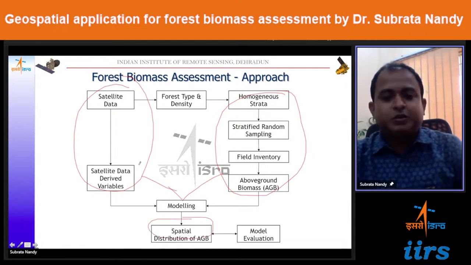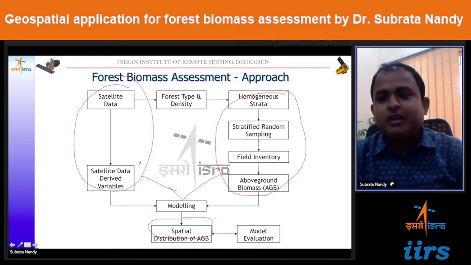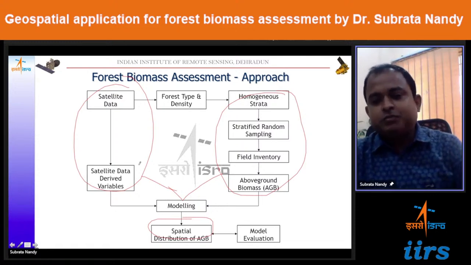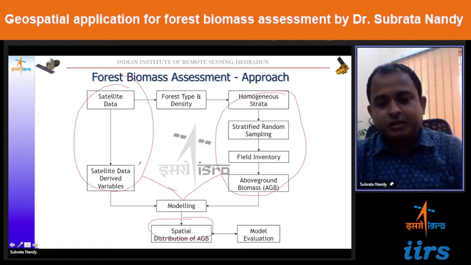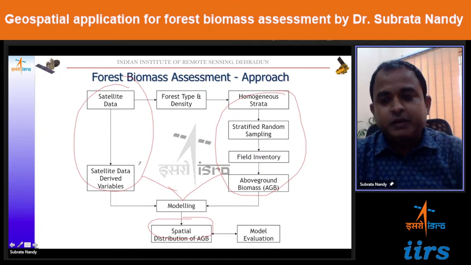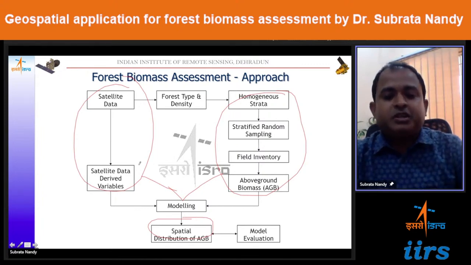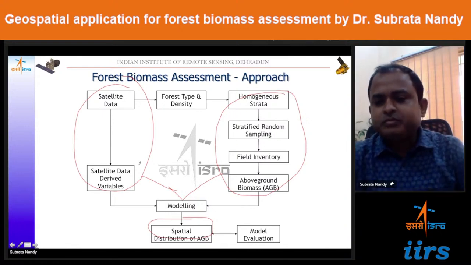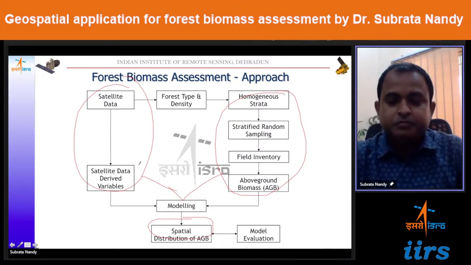So there are two components, satellite data and field data, and we are integrating them with different modeling approaches. These modeling approaches will vary, which I'll be speaking about, and satellite data also will vary. Using this integration, we map the spatial distribution of biomass.